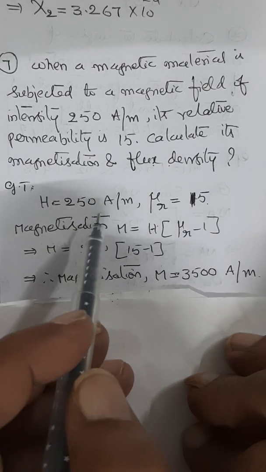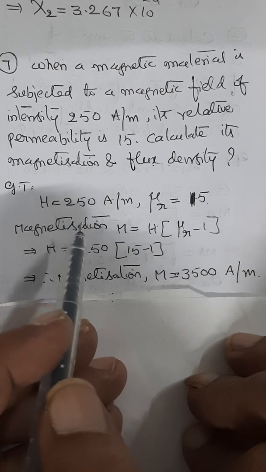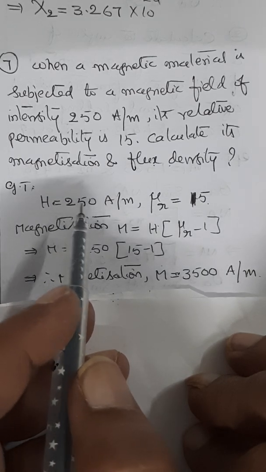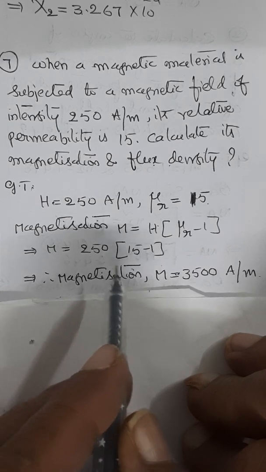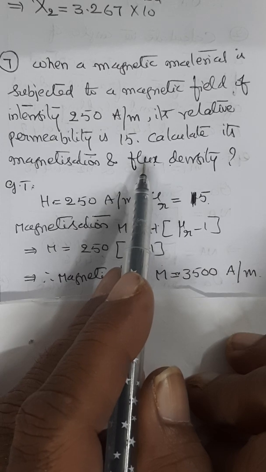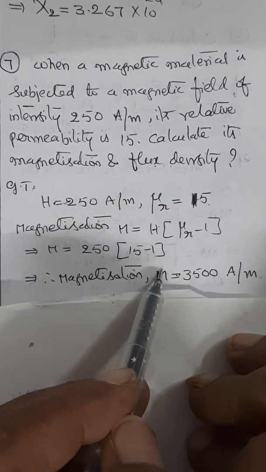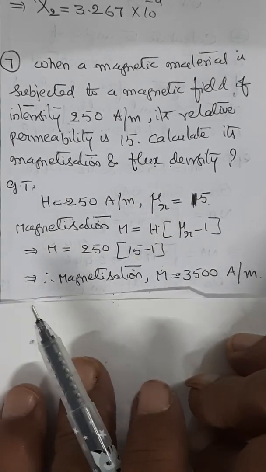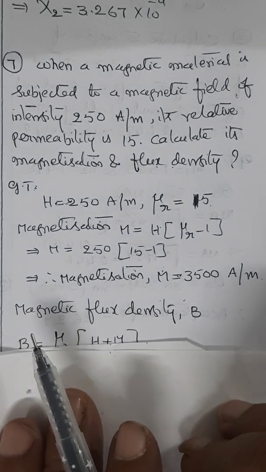That is mu naught, the permeability of free space. That is found to be 4 pi into 10 power minus 7 Henry per meter, a standard value. Because the formula says, when we want to find flux density B, B will be mu naught into H plus M. H is given, M we calculated. Only thing is we have to bring mu naught into the picture to compute flux density B.